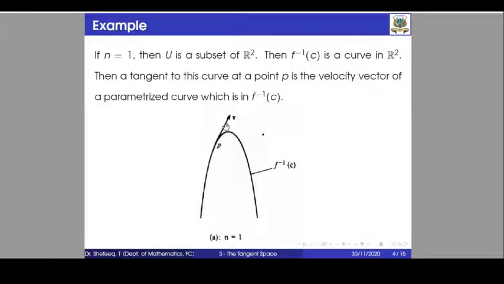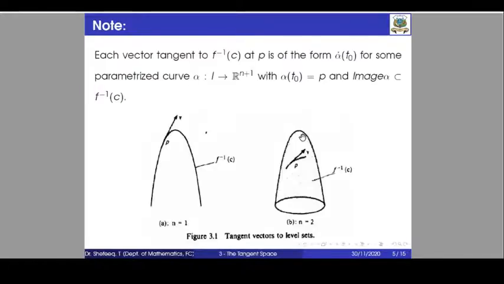That means here this is the velocity vector v. Now if n equal to 2, then we have the level set is this one and the parameterized curve is this one, and p be a point in this curve, then the tangent vector at p is this one.